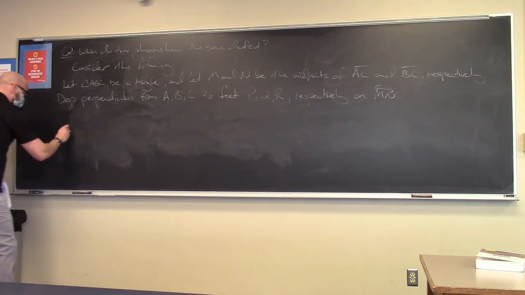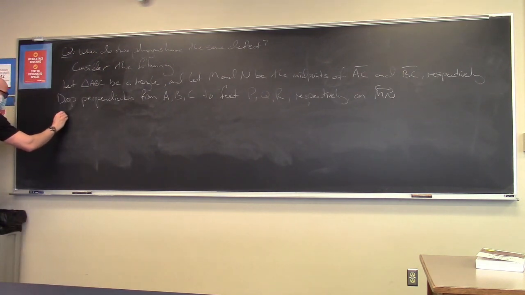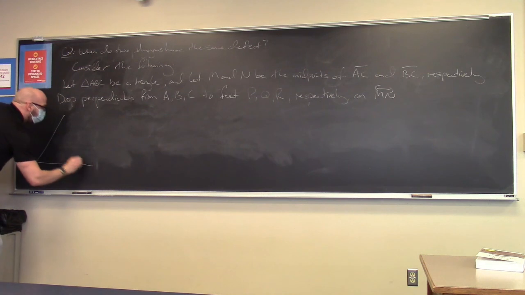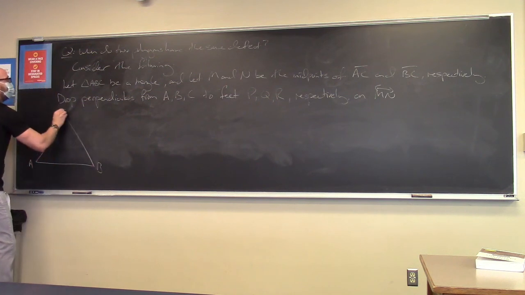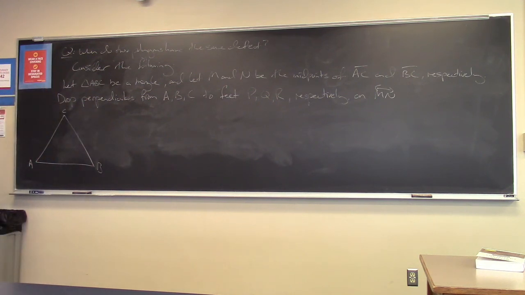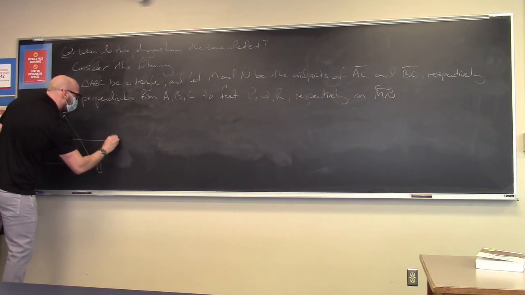All right, so what do we have? I'm only drawing one case here. This is sort of the acute triangle case, but that's okay. We've got ABC, we're going to look at the midpoints of AC and BC. I've called them M and N. I'll just draw a line and hope it intersects around the midpoint.